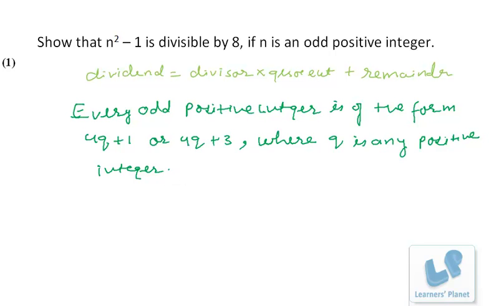So for any odd integer, we have two methods. Either we write it in 4q plus 1 format or 4q plus 3 format, right? So let's take up the cases individually.